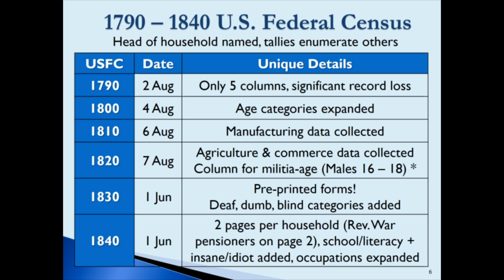1790 has a significant record loss and only had 5 columns. The 1800 expanded the age categories. In 1810 manufacturing information was added to the census to find out what was produced and the value.